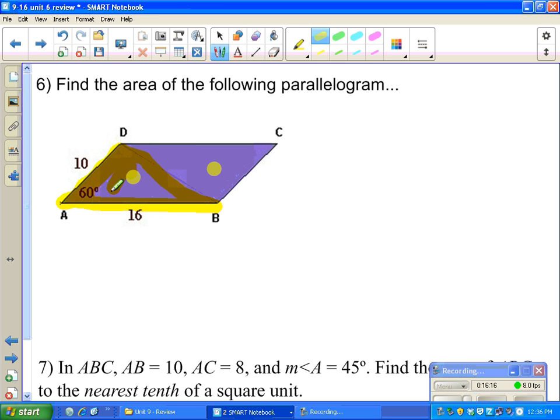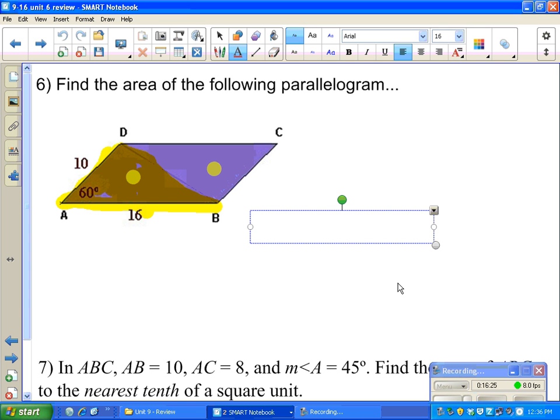So if I can find the area of this triangle, I can get the area of the entire parallelogram because I could just multiply it by 2. So first I'm going to find the area of triangle ABD. That's going to be 1/2 times 10 times 16 times the sine of 60.